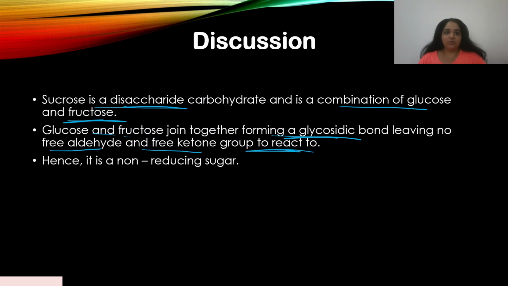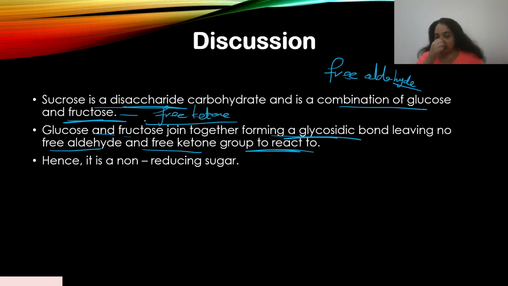Glucose has a free aldehyde group in its structure, and fructose has a free ketone group. So they're joined together, forming a glycosidic bond.